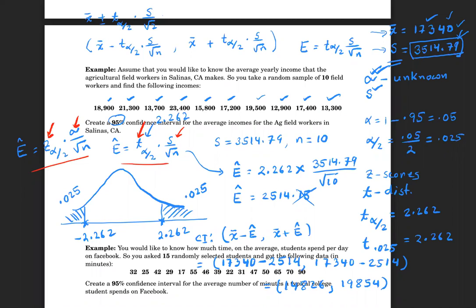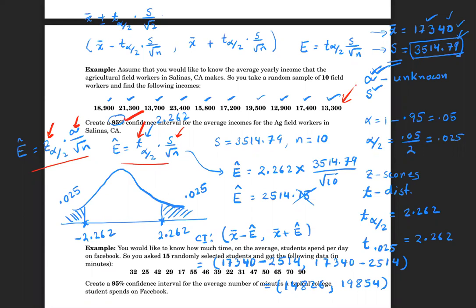Your objective here is to find a confidence interval for average income for the population of agricultural field workers in Salinas. You went out and collected data, asked 10 people how much they make, and you got these numbers, and based off of these numbers, you want to create a 95% confidence interval.